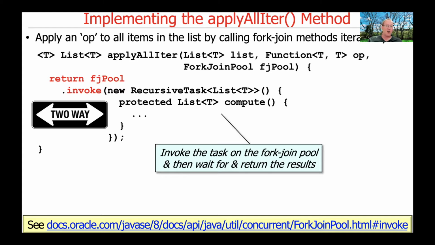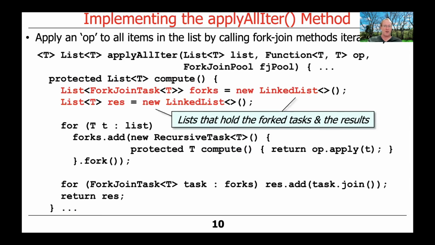And that's being invoked in the context of the fork join pool that is passed as a parameter. And the invoke method is a method that's going to take a non-fork join task client, which is this outermost thing, and then get that to run. And then henceforward, everything that gets run inside of this will now be running in the context of a worker thread in the fork join pool that was passed in as a parameter to the applyAllIter method. It's a little confusing at first, but if you think about it, it makes good sense.